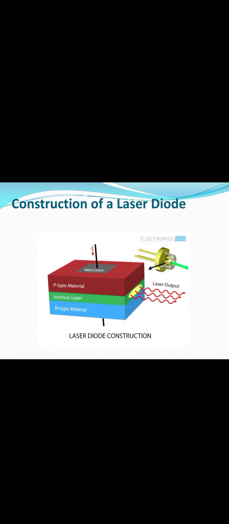These semiconductor diodes, that is the p-type and n-type semiconductors, with an intrinsic layer in between, are used, and the output of the laser depends on the p-type and n-type diodes. The p-type and n-type diodes allow for semiconductor optical sources.